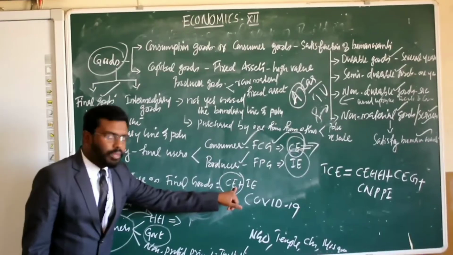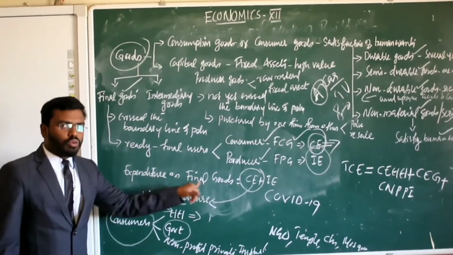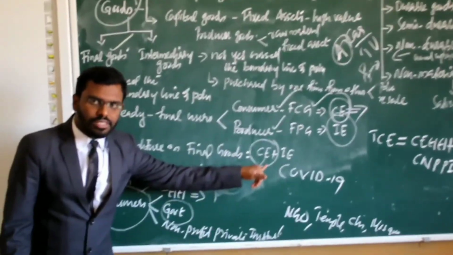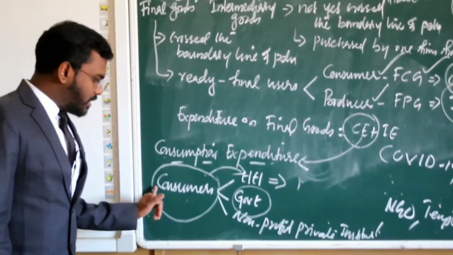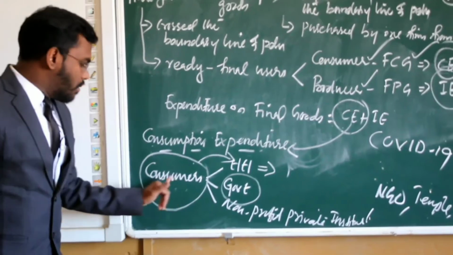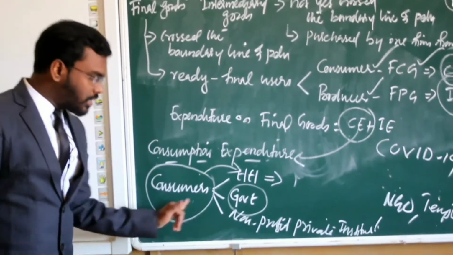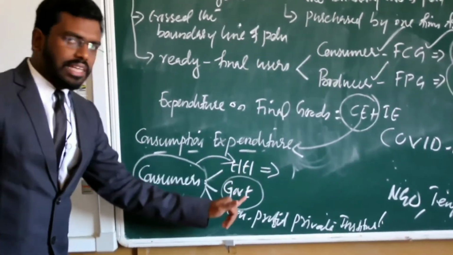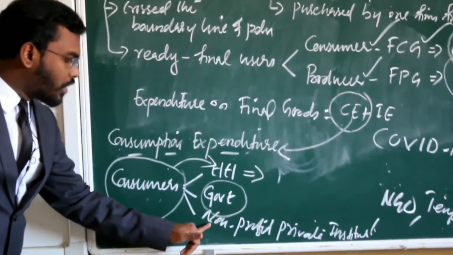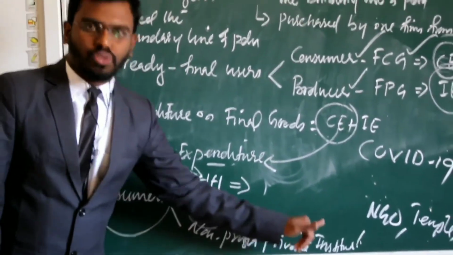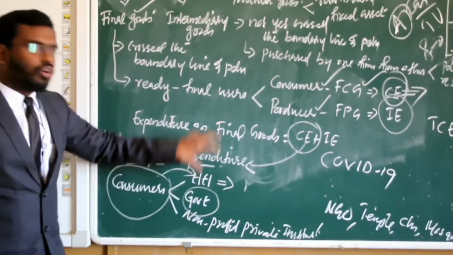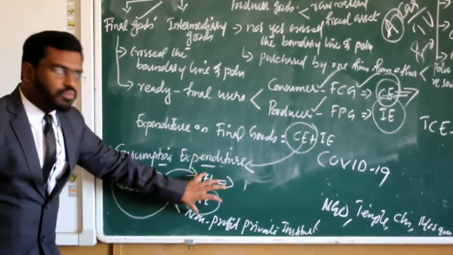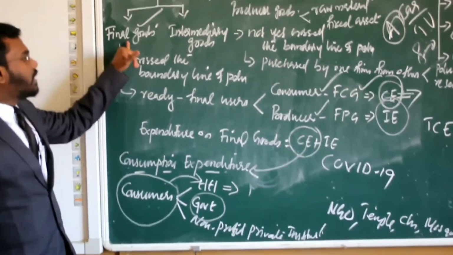Here, one of the important components of final good expenditure is consumption expenditure, which we are discussing in detail. In economics there are three types of consumers: first household, second government, and third non-profit private institution. These three types of consumers demand final goods.